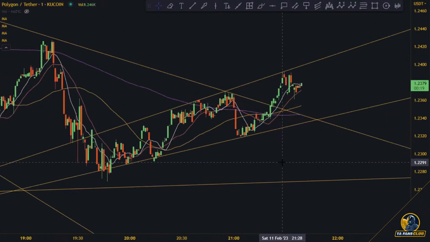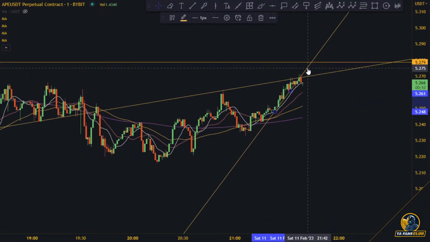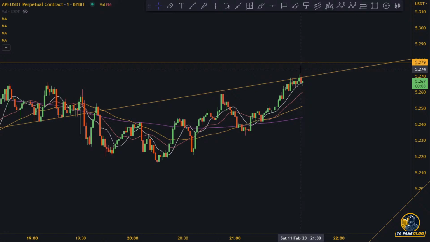Expanding musical instrument. Fifth attempt to break through the resistance at 45.55 since yesterday.